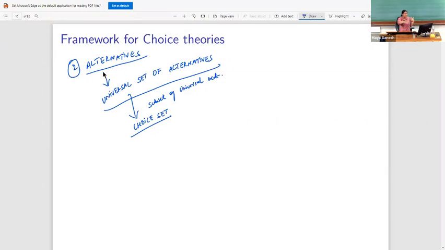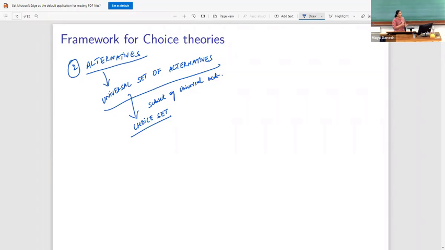In that case, the universal set includes the bus as an option, but in my choice set, this alternative is not feasible to me. Or maybe I'm doing an internship and living on a small stipend, which means I have constraints on monetary resources. So taking a cab or buying a car is completely out of the question. In that case, that alternative will not be in my choice set.